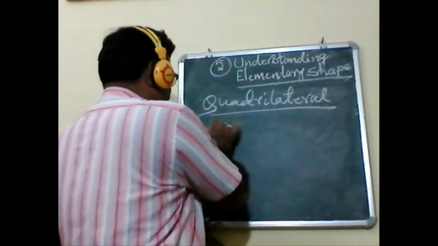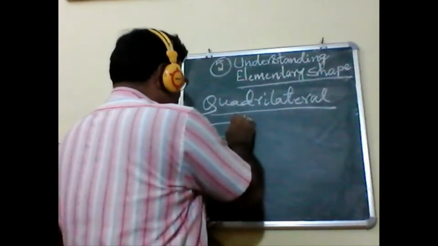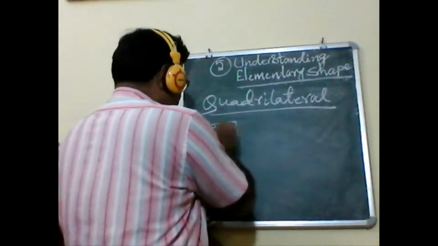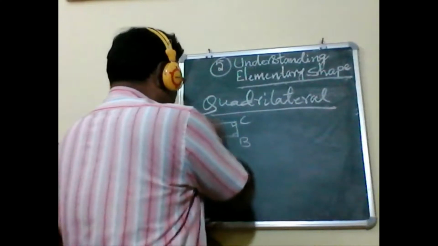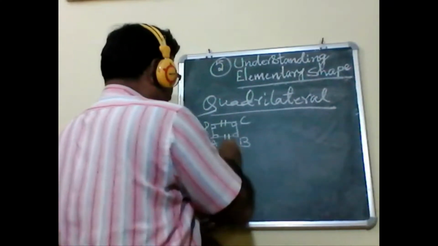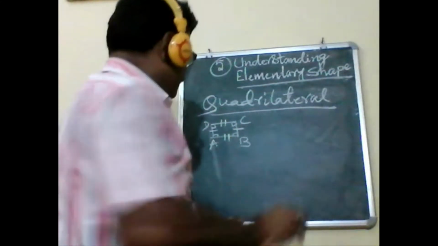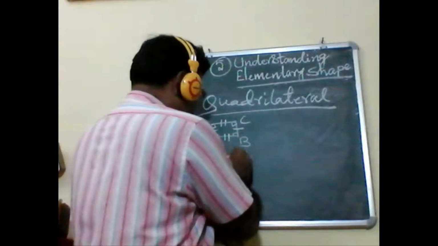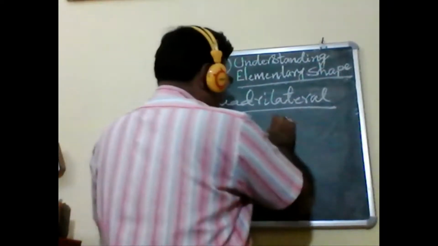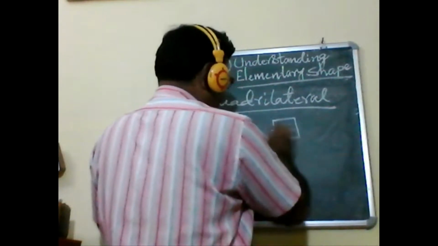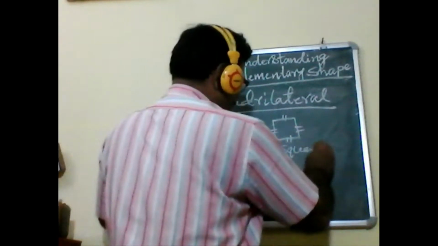First of all, if all angles are 90 degrees and AB and CD, AD and BC are equal, this is called a rectangle. If all sides are equal to each other, this is called a square.